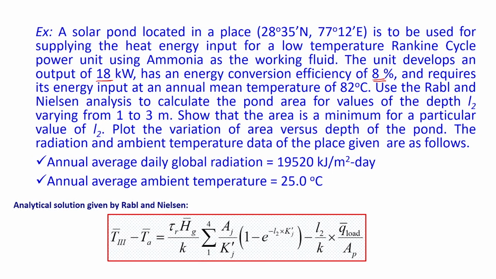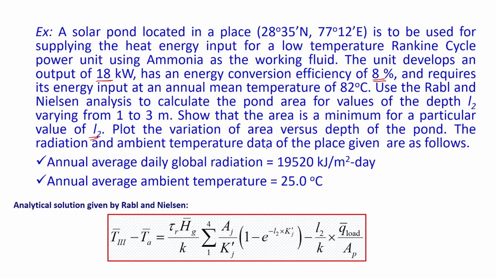Use the Rabl and Nielsen analysis to calculate the pond area for values of the depth L2 varying from 1 to 3 meter. We need to show that the area is a minimum for a particular value of L2, and we need to plot the variation of area versus depth of the pond.